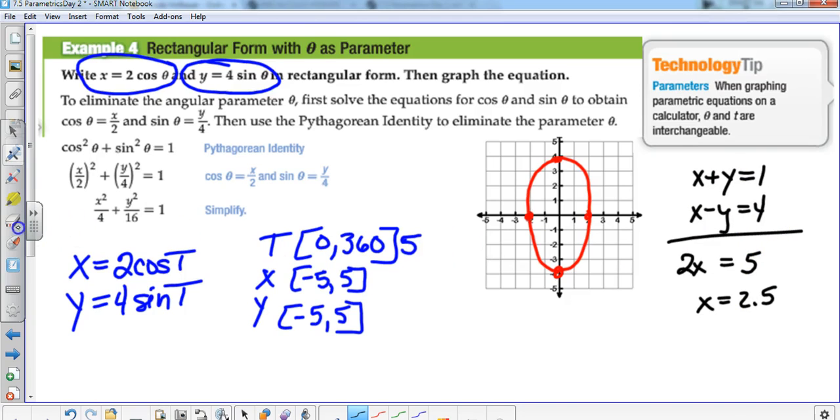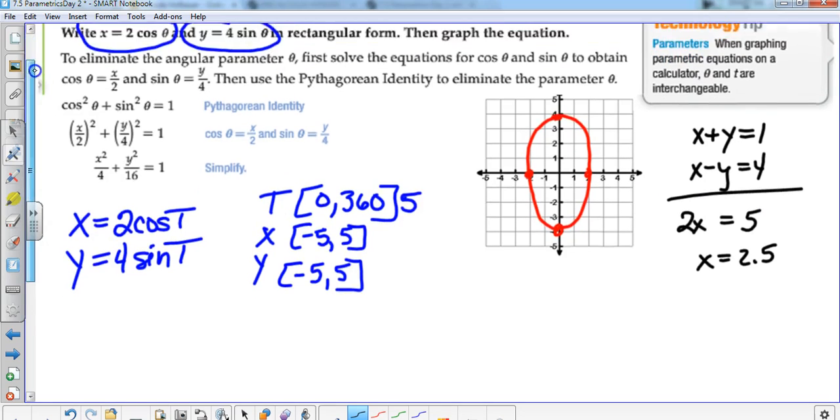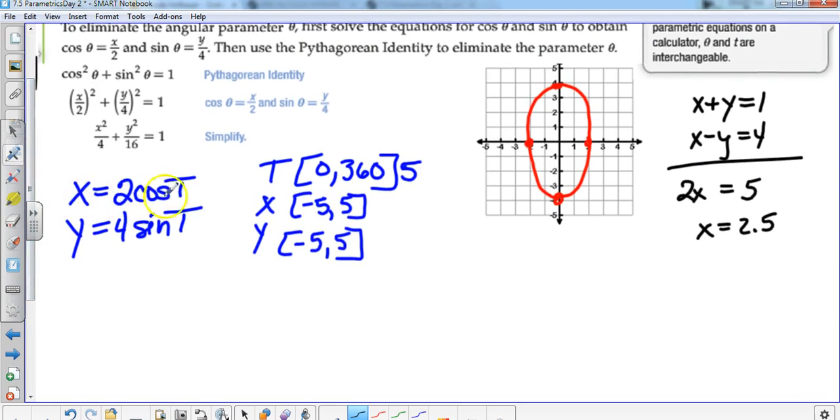That has something to do with this question because there is no nice way to solve this for t or this for t, and even if we did, how do we eliminate the t?